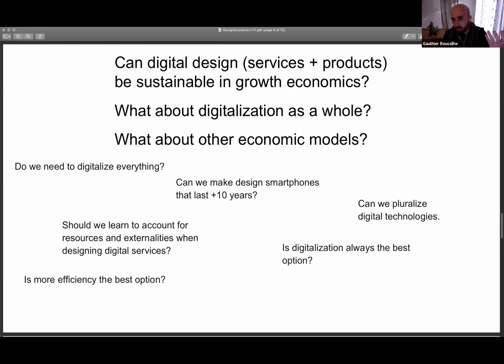A post office is also a place of sociability in a village, and when you are digitalizing, you're also losing that. You just have to be straight and say, okay, we'll do that. We know we're going to lose that, and we'll do it. But we know that we lose it.